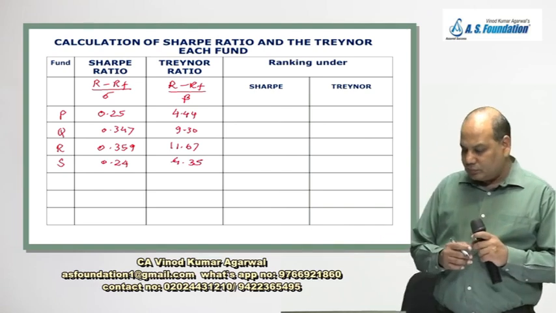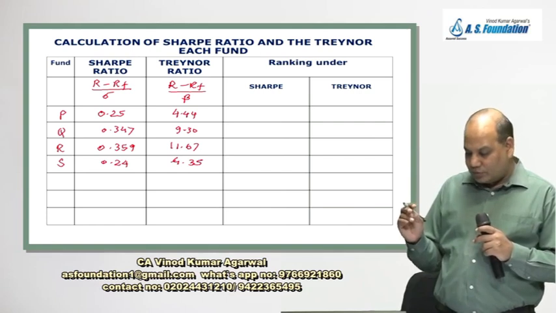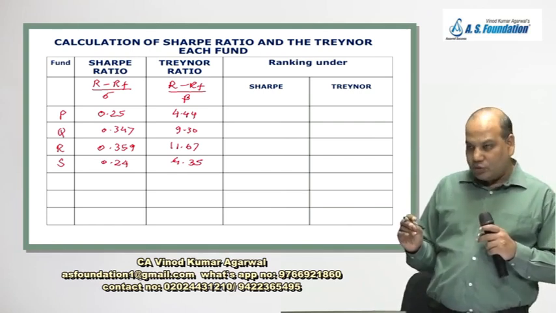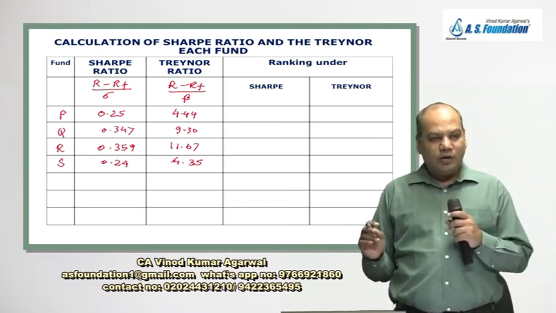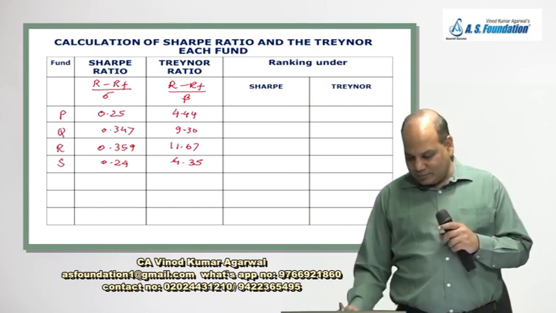Okay. Now rank. Higher number first rank. So under Sharpe ratio, which mutual fund is ranked first? Is it R?